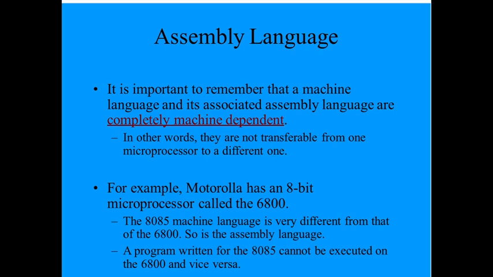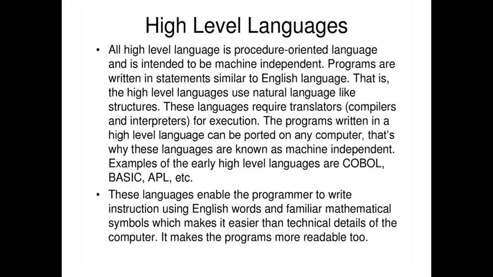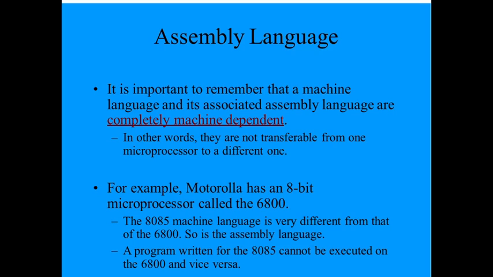A program written in 8085 machine language is very different from that of the 6800. So is the assembly language. The program written for the 8085 cannot be executed on the 6800 and vice versa. Thus, machine language and assembly language are low level languages.